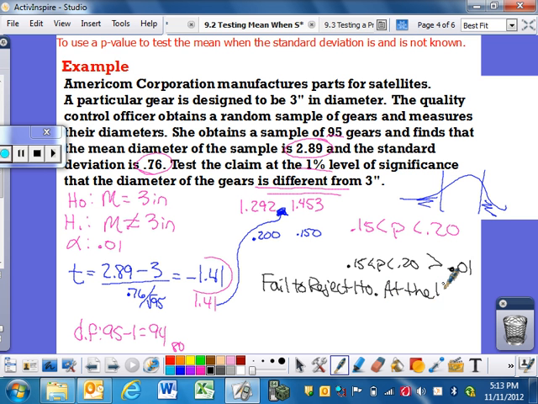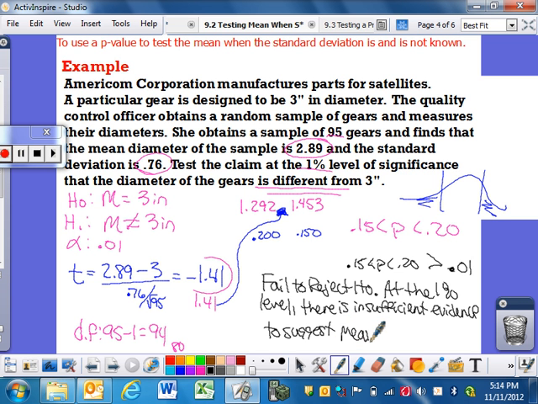At the 1% level, there's not enough evidence or insufficient evidence to suggest that the mean is different from 3 inches.